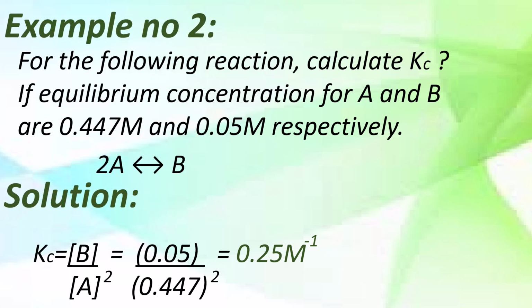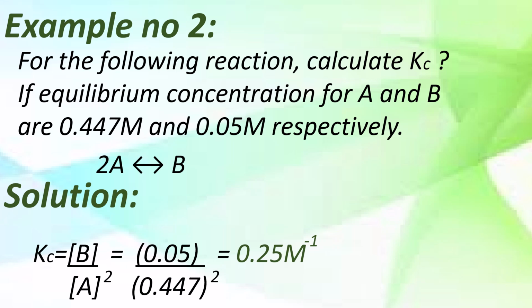Example number 2. For the following reaction, calculate Kc if equilibrium concentrations for A and B are 0.447 molar and 0.05 molar respectively. This is the reaction: 2A is producing product B. So we have to find the equilibrium constant for this reaction.